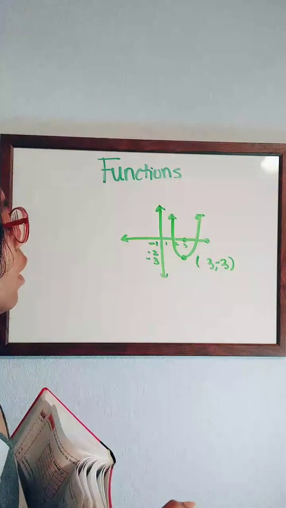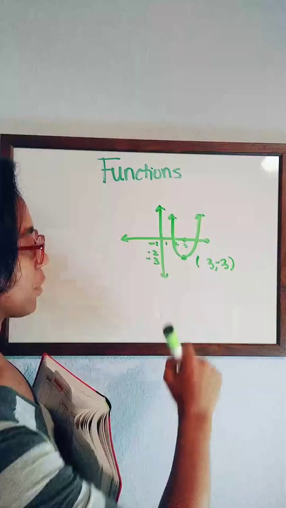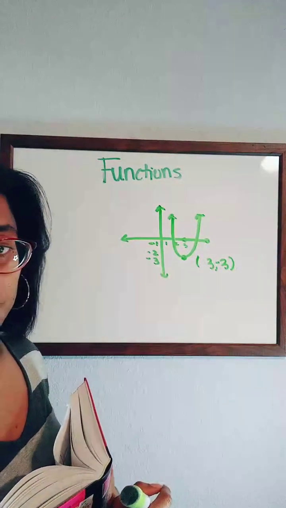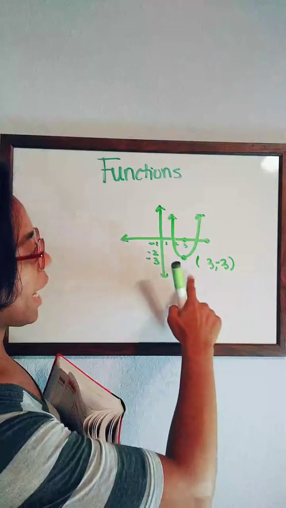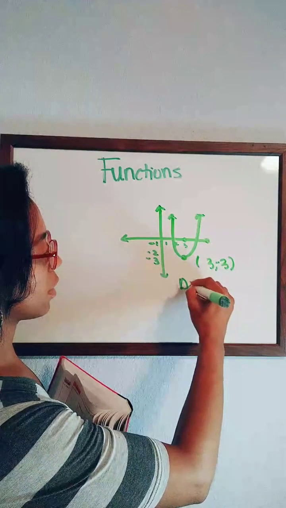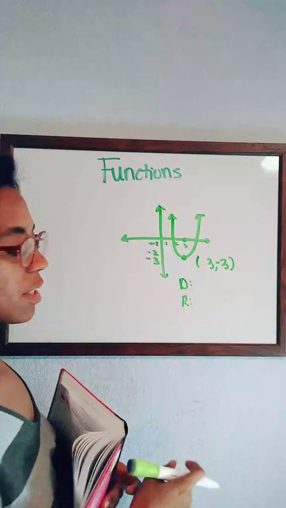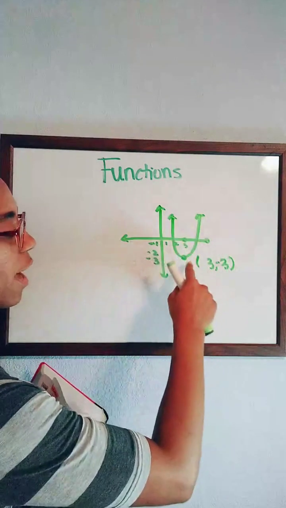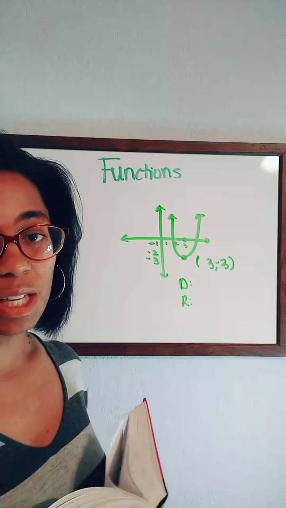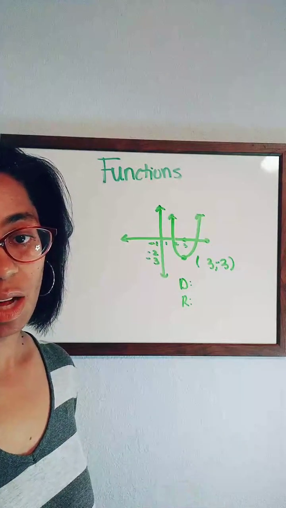There we go. So the domain and the range. You need to determine all of the x values that are included in this graph and all of the y values that are included in this graph. Okay?